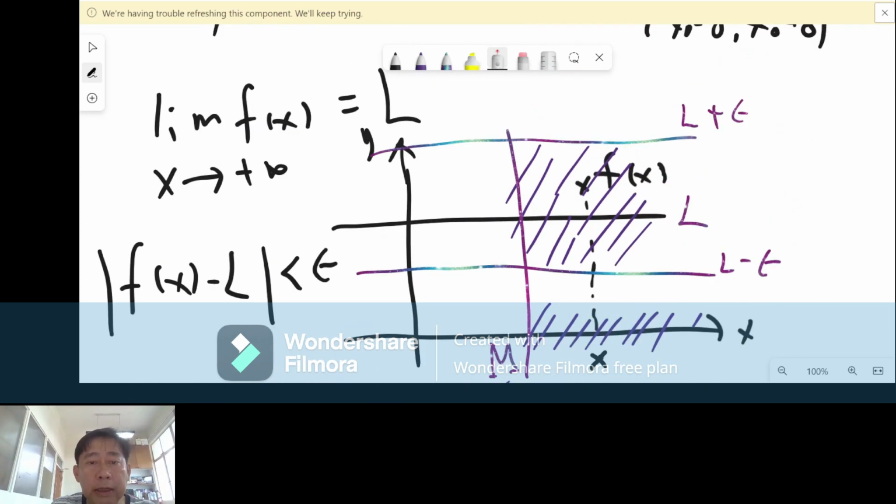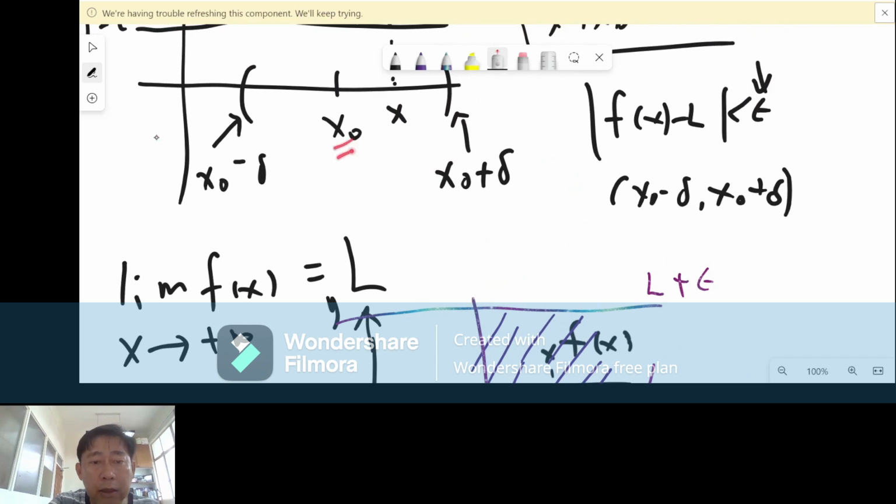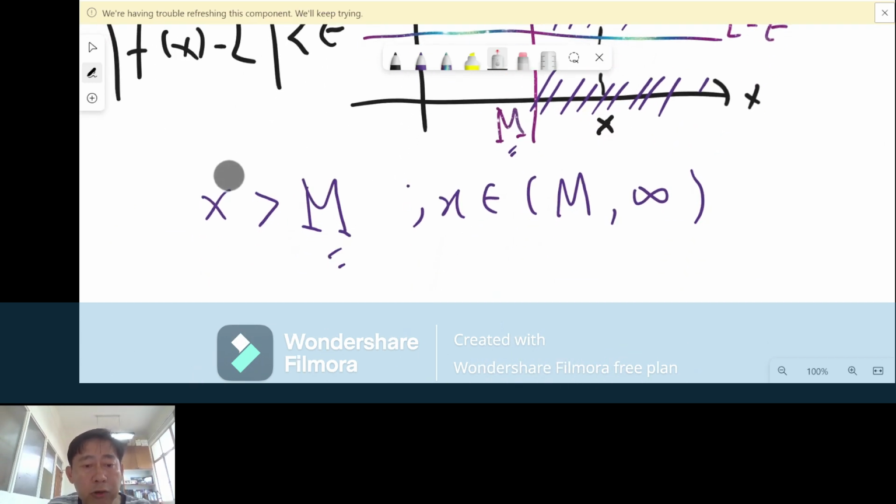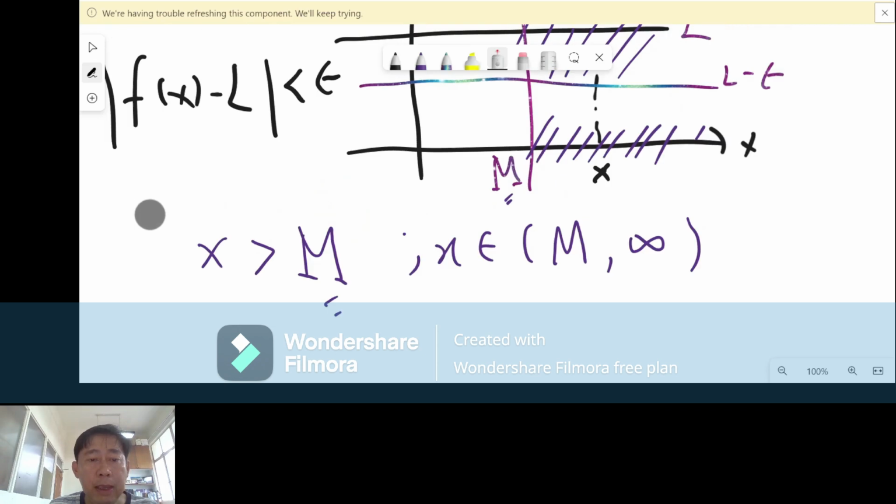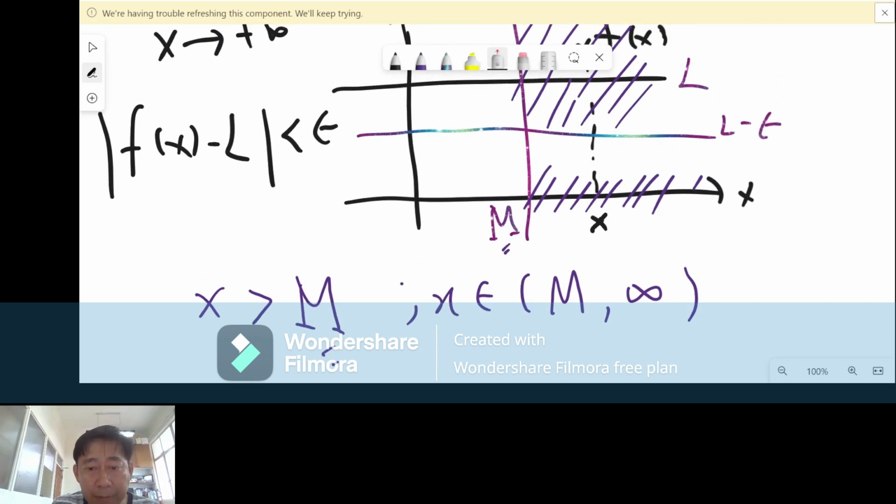Here, in the case of the internal intervals, delta is expressed as some function of epsilon. Here, you also have to express m as a function of epsilon.